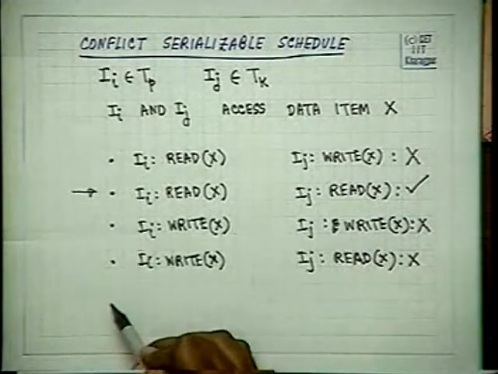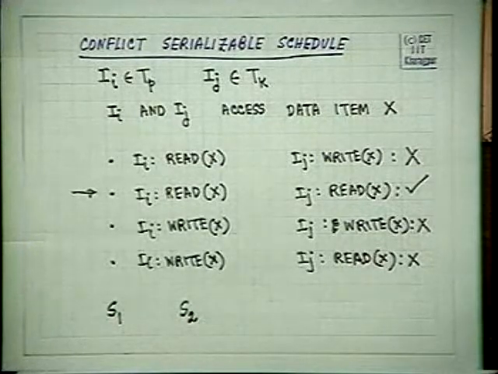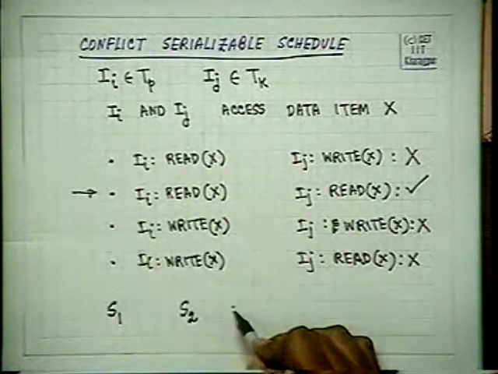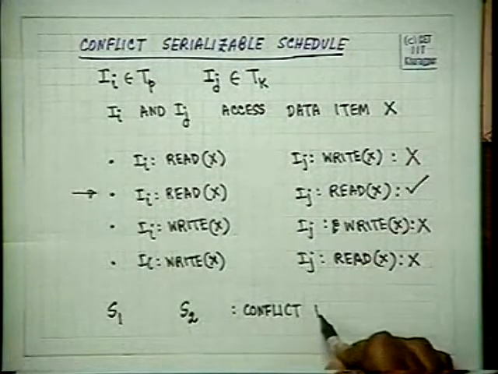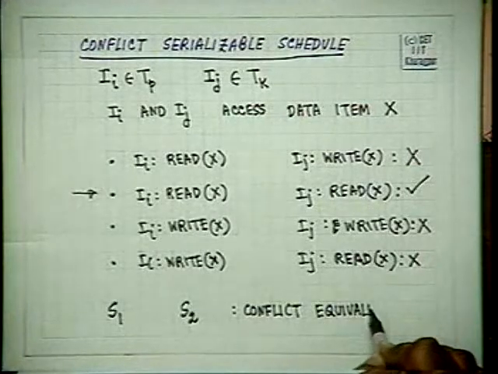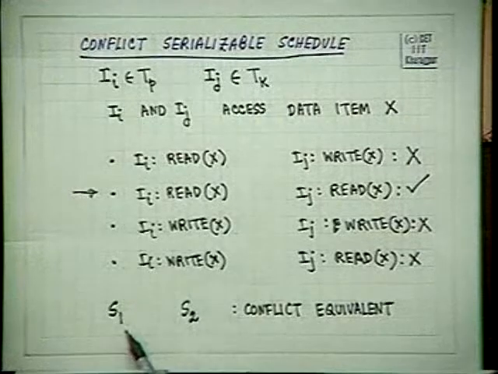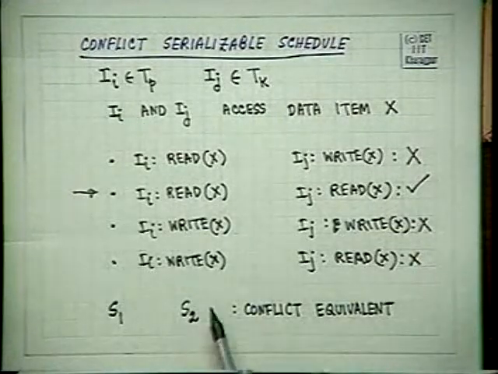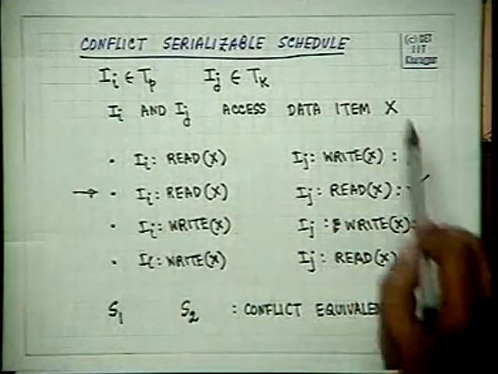Now if we have two schedules S1 and S2, we say that they are called conflict equivalent if S1 can be transformed to S2 by a series of such swaps based on this criteria.